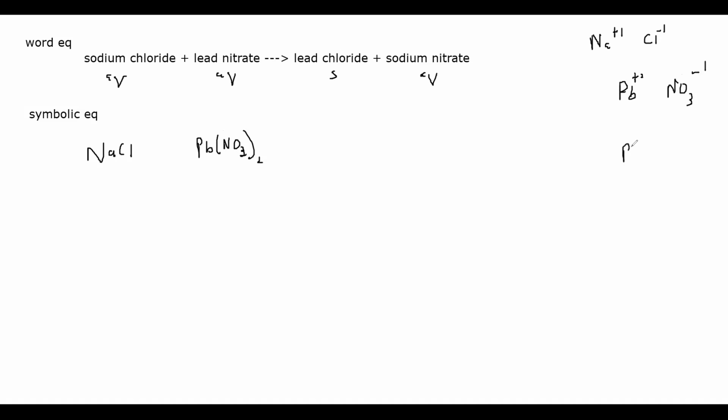Lead chloride: lead is +2, chlorine is -1, so lead chloride is PbCl2. Sodium nitrate is NaNO3.